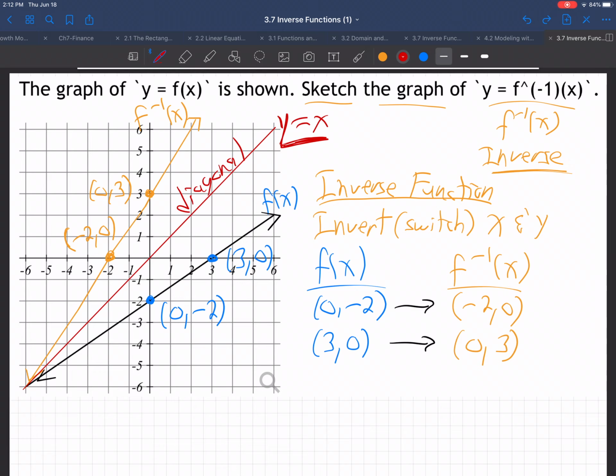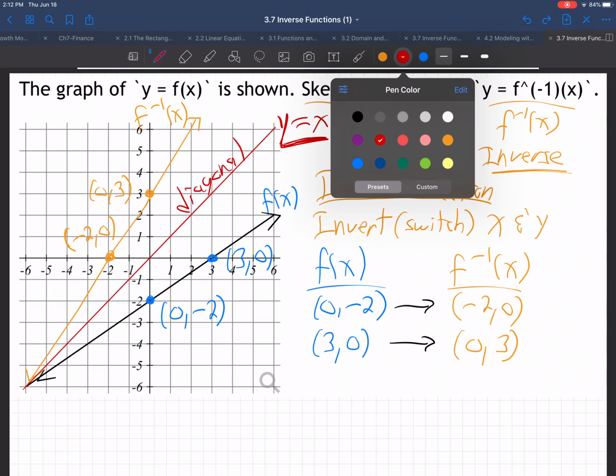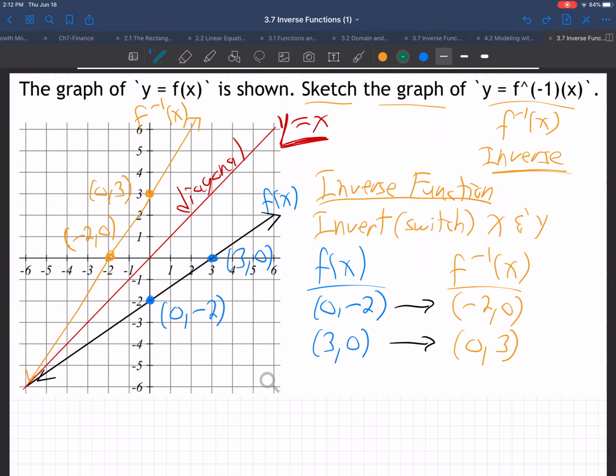Okay, so great. So what am I saying? Notice that an inverse function and a regular function are mere reflections across the diagonal line y equals x. See how it's just a mirror image? That's always what an inverse function graph looks like. So if you have an original function f of x, the inverse function will be a mirror across the diagonal line y equals x.